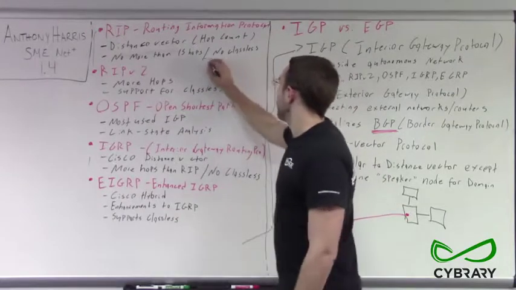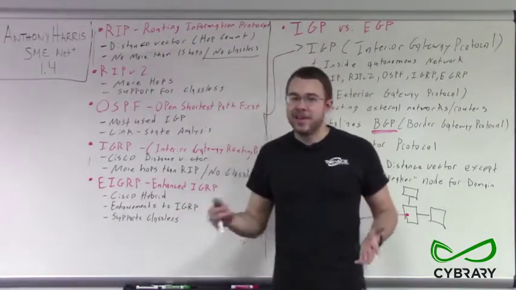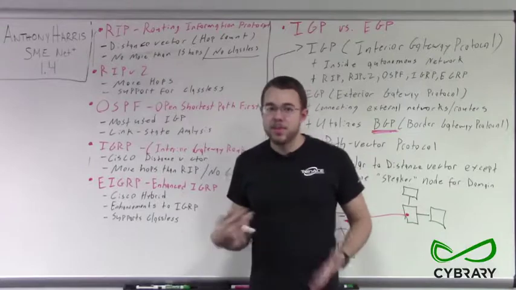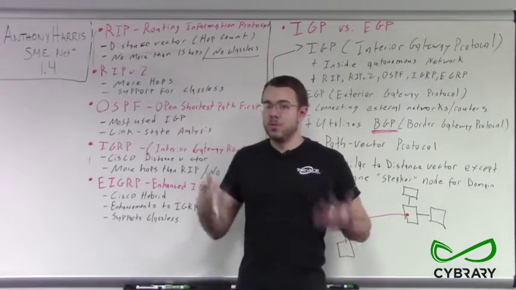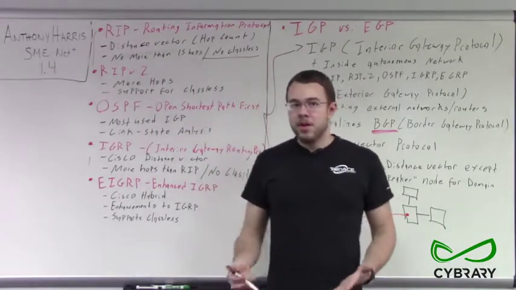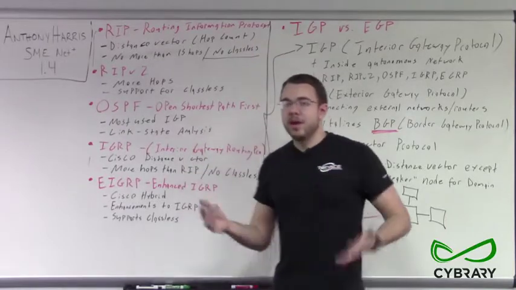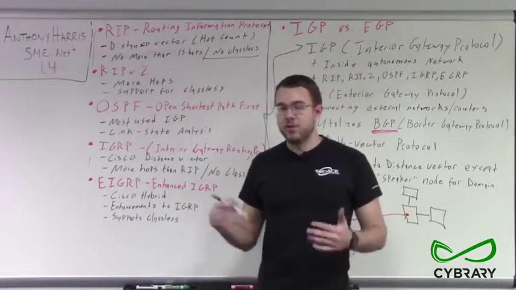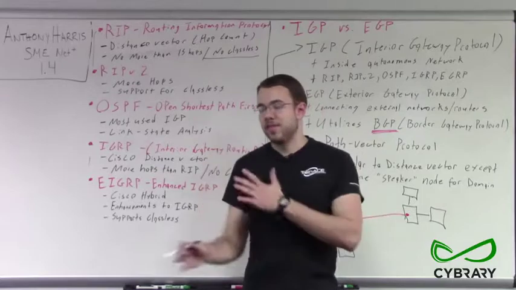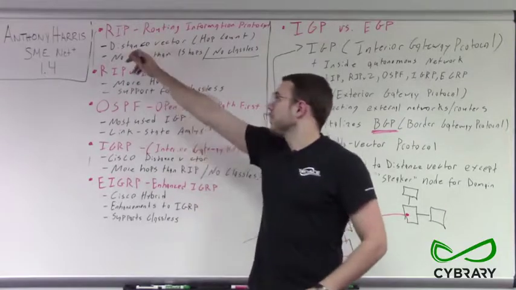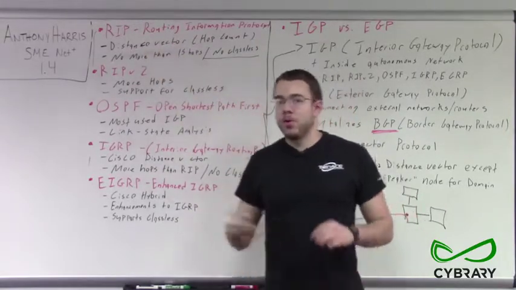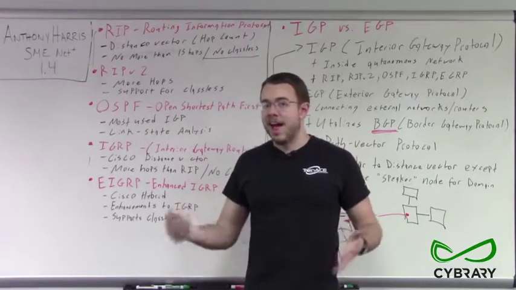It's also not going to allow us to use classless IP addressing. It's not going to be able to handle what we refer to as subnetting. So if we're trying to set up classless IP addressing, if we're trying to set up different subnets on our network, routers which are using RIP aren't going to be able to handle that. They can't handle classless addressing.